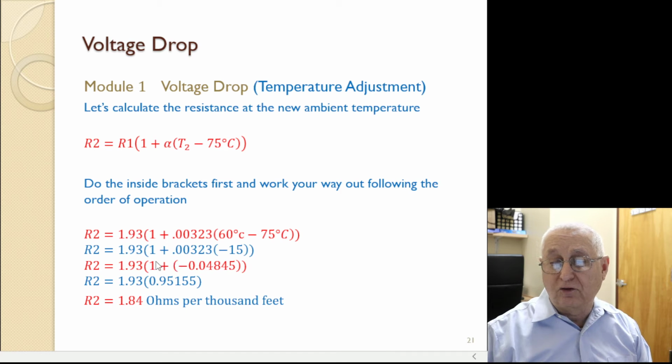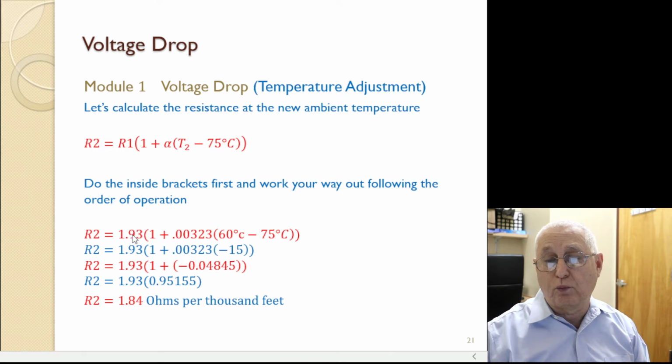Now all we need to do is just say plus 1. When we do that in the parentheses, we cleared one set of parentheses. We have 0.95155, and that's going to be multiplied by this 1.93. When we multiply it, we will get R2 equals 1.84 ohms per thousand feet, which is less than the table resistance of 1.93.